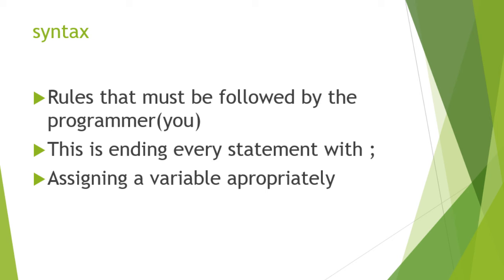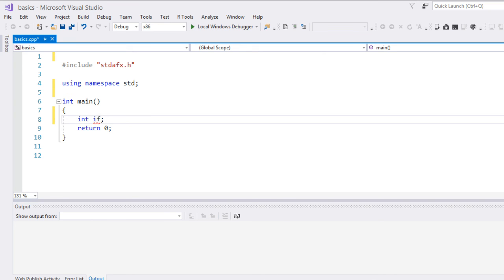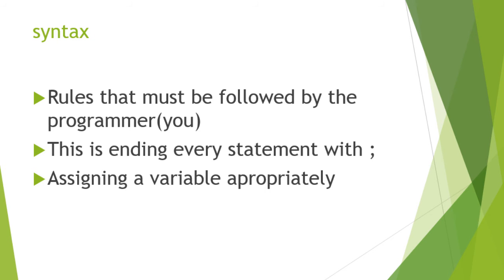So let's say you can't use if as an object name because that's already defined in the C++ library. So you can't really use that, or it would create a syntax error. Also, not using a semicolon at the end of your statement in C++ will also create a syntax error because you always have to end it in a semicolon.